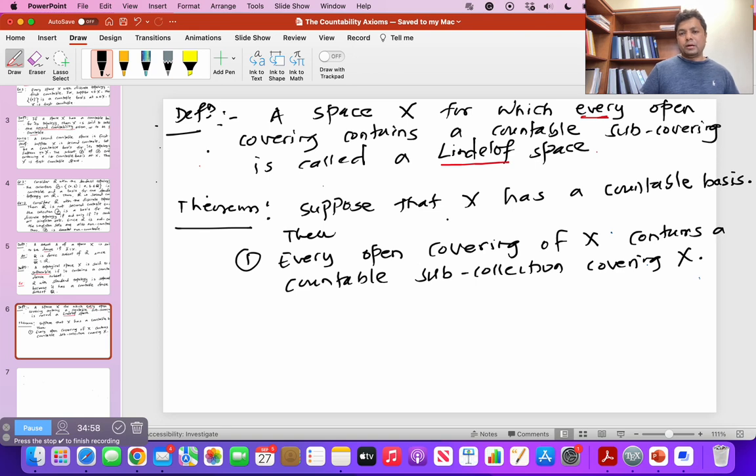So if you have a second countable space, then it is going to be a Lindelöf space.